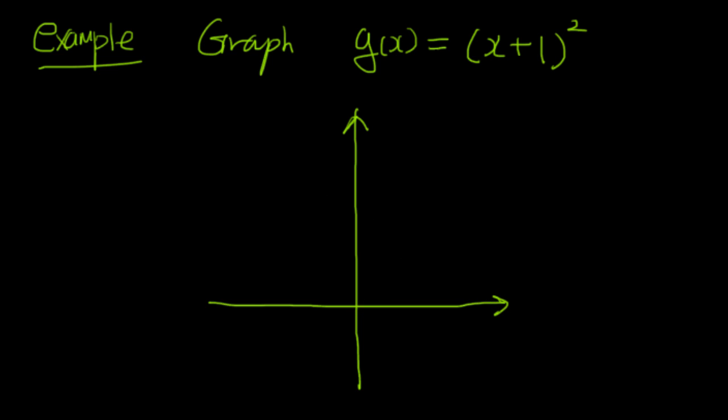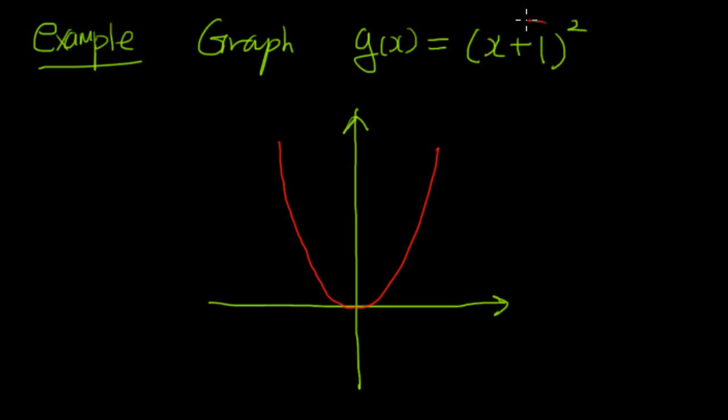So the original f of x graph, the square, would be something like this. I don't like this line. Gotta be a little bit skinnier. This. Okay.